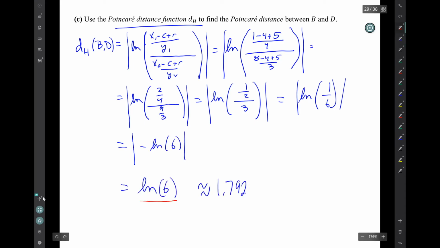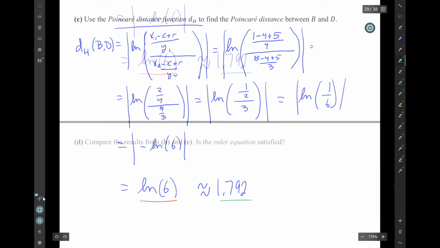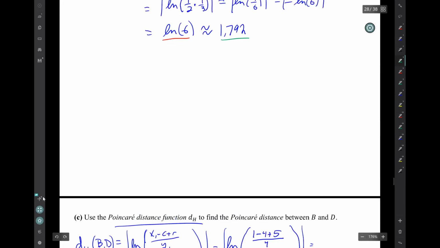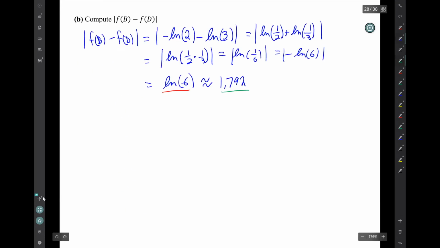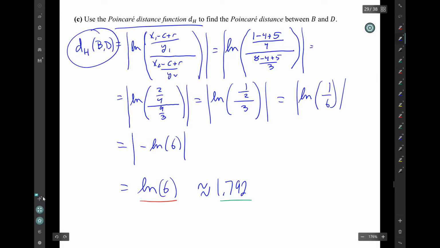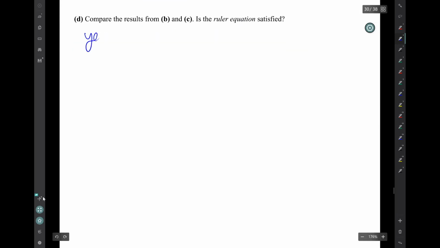We get an answer of ln of 6, which is roughly 1.792. So question D is to compare the results of B and C. Is the Ruler equation satisfied? Well, notice in question B, we computed this difference and we got ln of 6. In question C, we computed this distance and we got the result of ln of 6. So we see that the Ruler equation is satisfied.